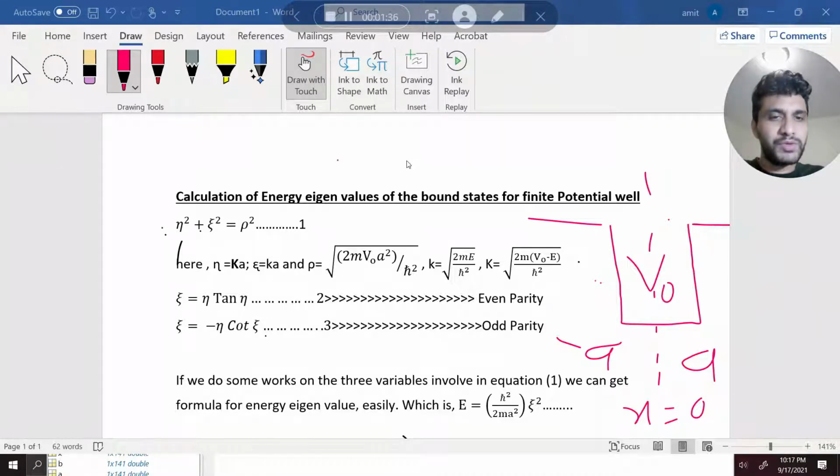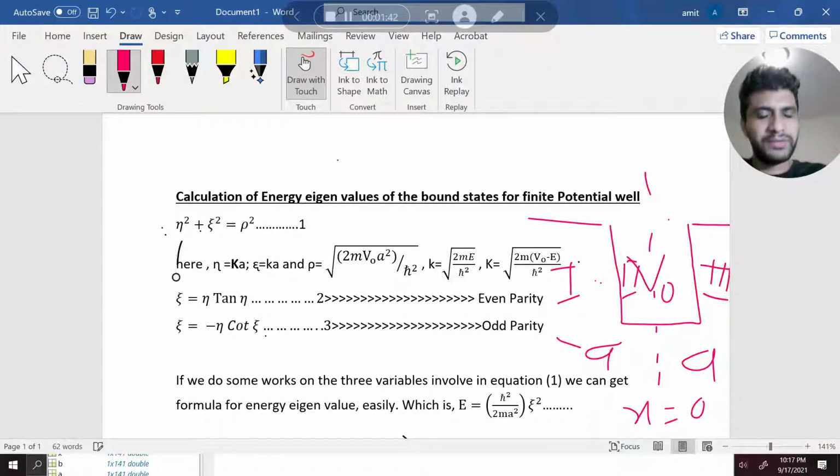So first of all, I separate this into three parts, and I solve from the Schrodinger wave equation for its even parity and odd parity.